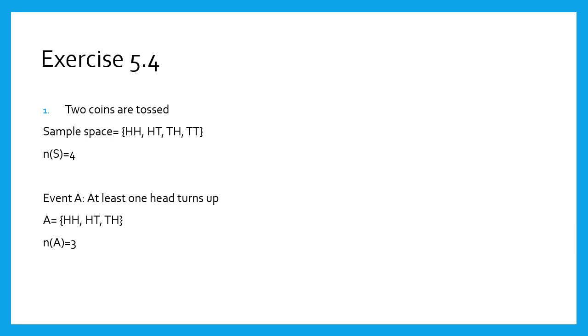Let us write the formula to find the probability of event A. P(A) = n(A) / n(S). Place the values of n(A) and n(S). We get P(A) = 3/4. Second event, B, no head.